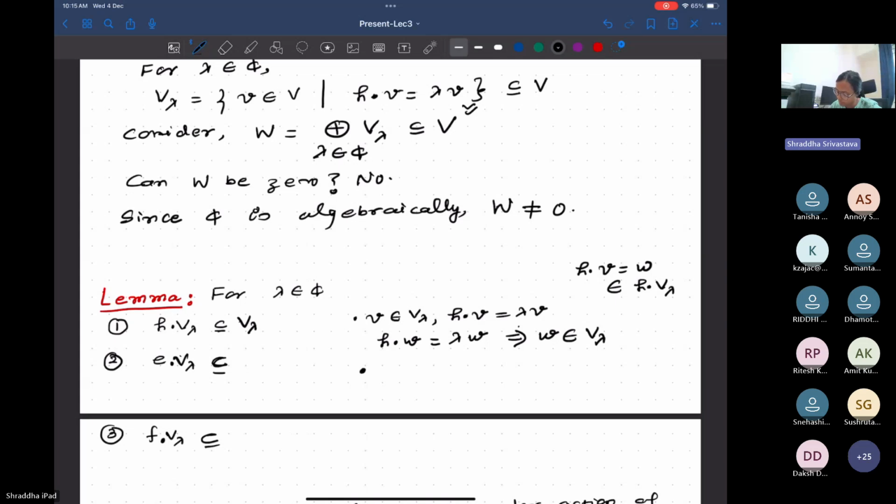Anyway, so likewise, what about E dot V lambda? So you know how to start. Okay, so let me rather start saying instead of asking much. So you again do this E dot V and apply. So if you call this E dot V to be W, I'm just denoting it, then if we apply H to E dot V, which is H dot E dot V, I am going to use the commutator to simplify it.